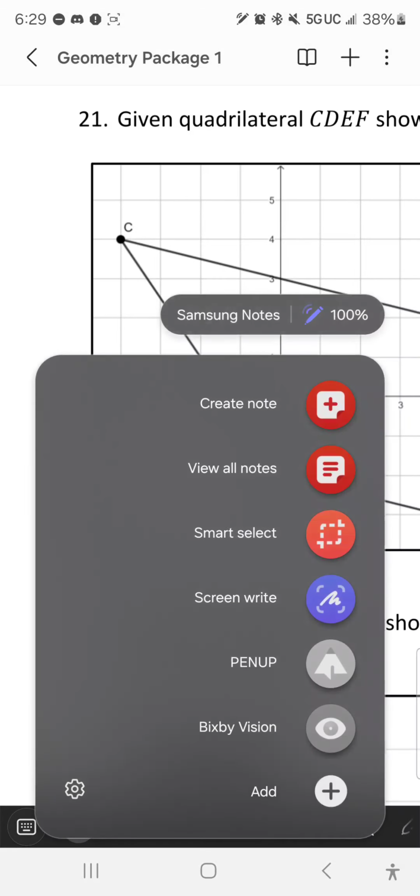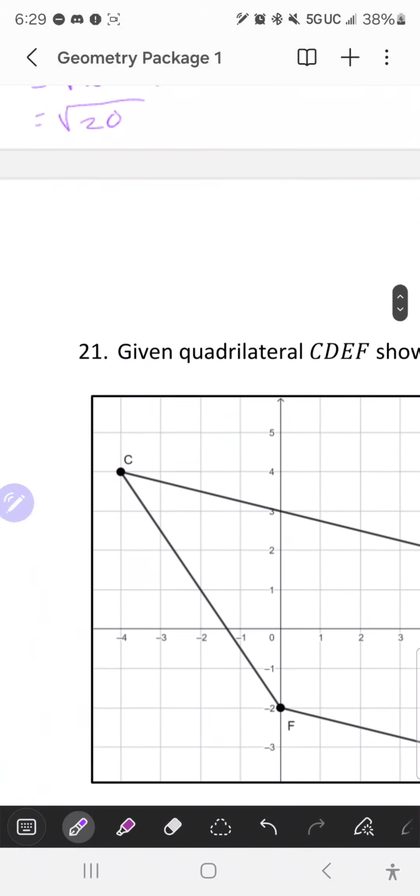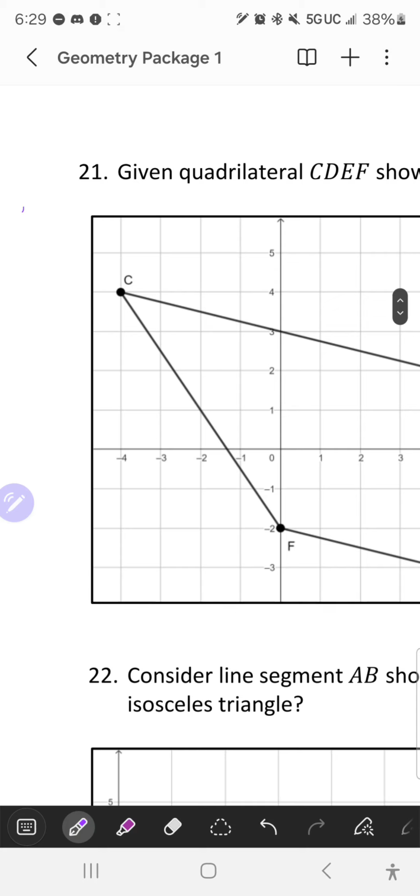So let's use the distance formula. The distance formula is equal to the square root of (x2 minus x1) squared plus (y2 minus y1) squared.